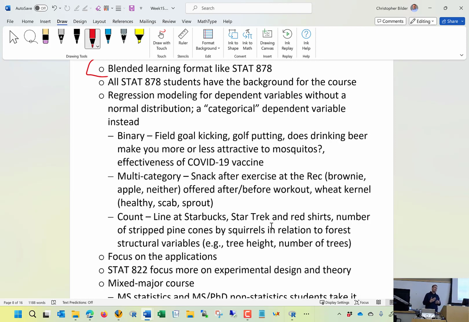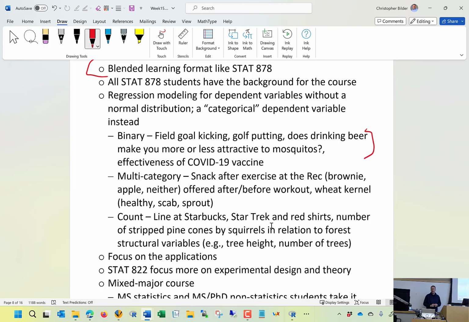And so one of the main examples that we look at is, well, how can I use various independent variables to try to estimate the probability of success so I can figure out what factors affect the probability of success for a field goal in football. Or again, a field goal in football is either success or failure. But there's many other examples that we look at.